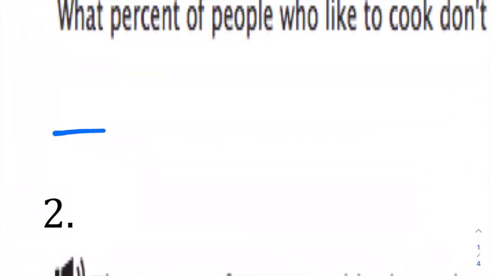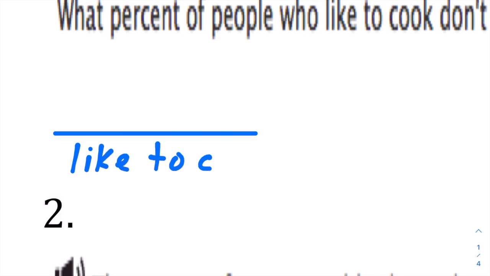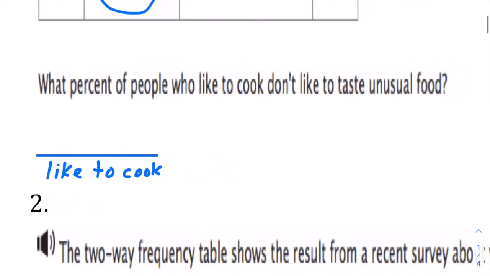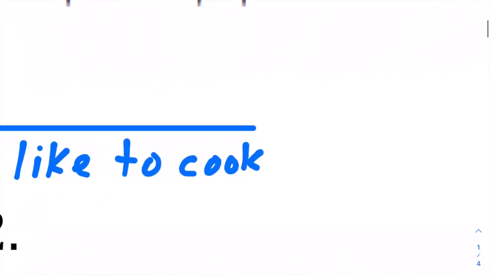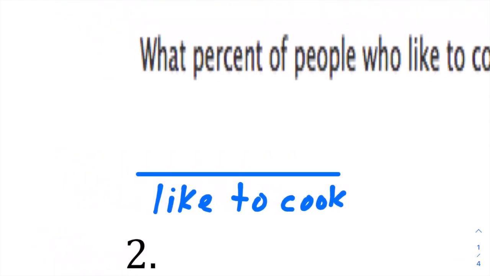I always found it easier to write my fraction in words first, and then substitute in the numbers. So it says, what percent of people who like to cook? So of the people who like to cook, this becomes our denominator. And then continuing, don't like to taste unusual food. So that becomes our numerator.